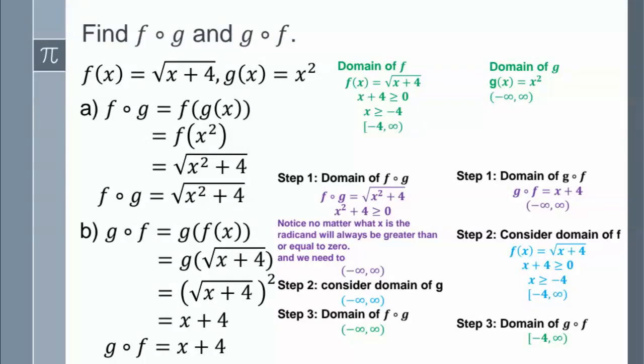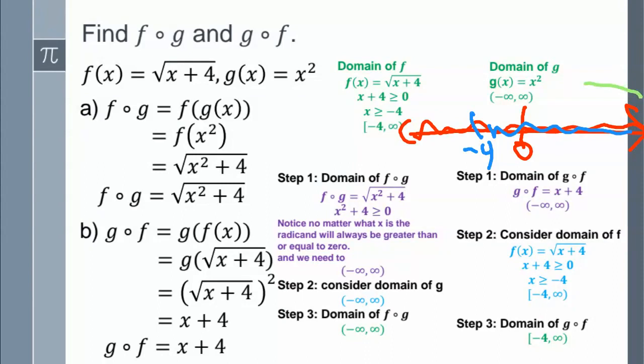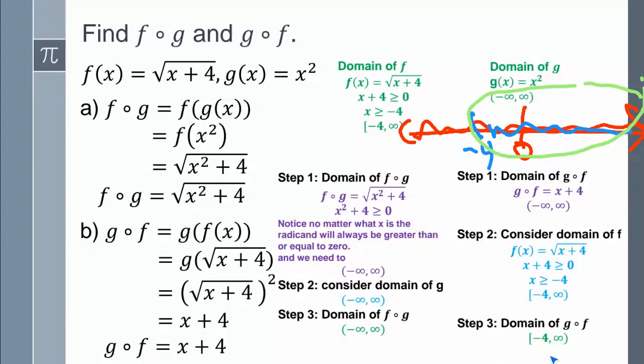If here's a number line, here's 0, the first one is everything here, but the second one was from -4. So here's -4 all the way over here. What they have in common is just going to be this part. So that's going to be your answer for the composition of g of f. So your domain would be -4 to infinity.